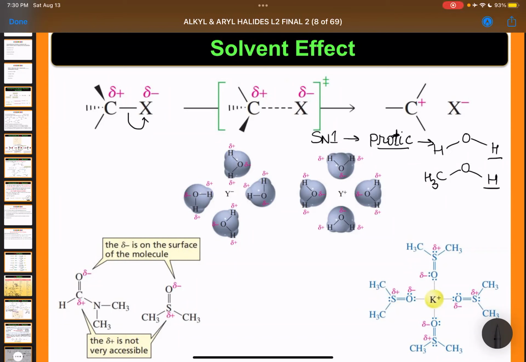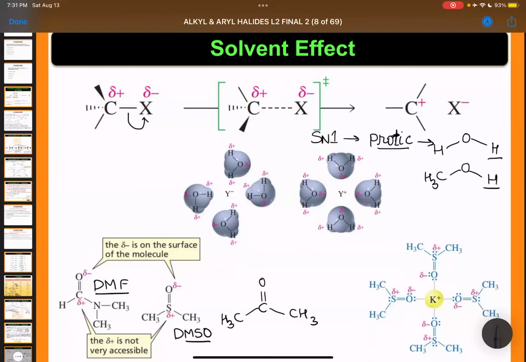And there are other solvents, like acetone or propanone, or DMSO, similar to acetone but with sulfur in place of carbon, dimethyl sulfoxide, and DMF. These are aprotic solvents because there are hydrogens, but they are not connected to oxygen.